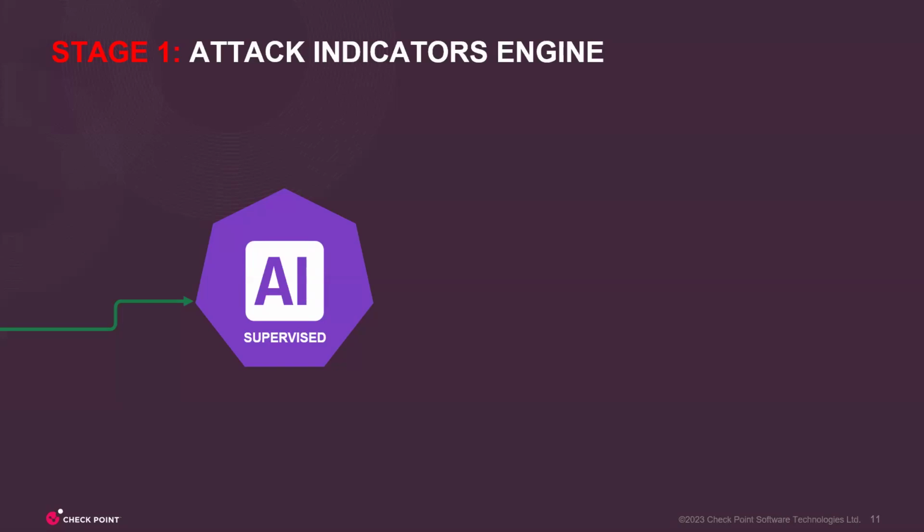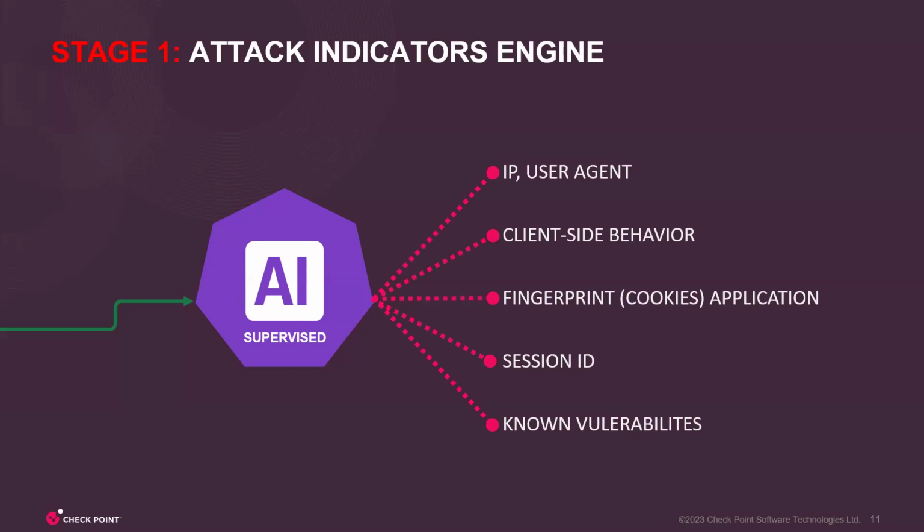We use two steps to ensure we are protected against both known and unknown risk, right? So in stage one, the machine learning based enforcement engine looks for the attack indicators within the HTTP request, right? The evaluation is based on the supervised model that identifies indicators and associates them with a specific statistical likelihood or a score of being part of an attack, right? And we actually have a couple of great blog posts and public assets out there that discuss this in great detail on how this actually functions.